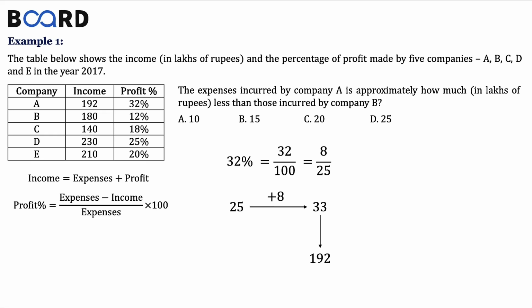Think about it, approximate. 33, if I multiply it with 6, I can reach the 180s. How much is it? 33 into 6, that's 180 plus 18, that should give me 198. That's more than 192, right? Which tells us that the number that has to be multiplied with 33 to make it 192 cannot be 6.